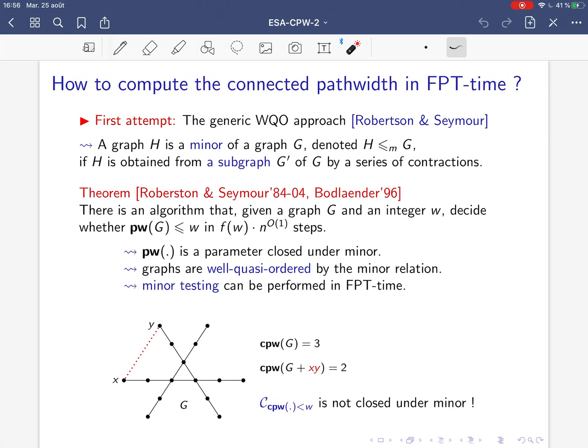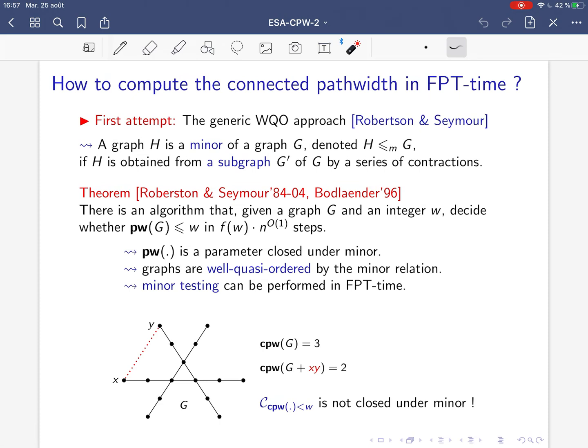We also know by the work of Robertson and Seymour that graphs are well quasi-ordered by the minor relation, and also that minor testing can be performed in FPT time. Using this machinery, we can prove the existence of an FPT algorithm, that is, an algorithm running in time f of w times polynomial in n, where n is the size of the graph.